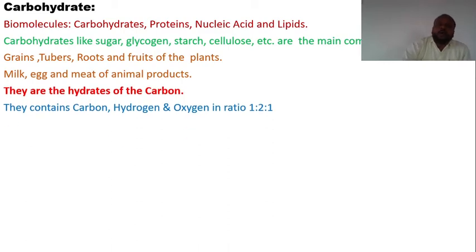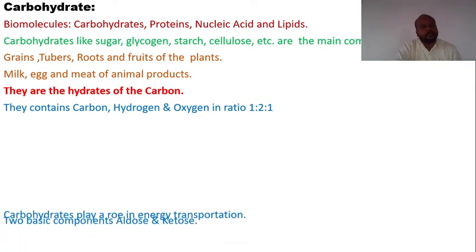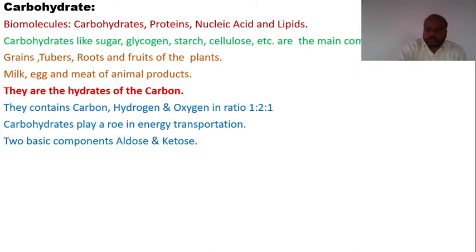Carbohydrates are actually hydrates of carbon, but this is an old definition. Carbohydrates contain carbon, hydrogen and oxygen in the ratio of 1:2:1. Carbohydrates are the main source of energy, that means we always use carbohydrates as an energy source.